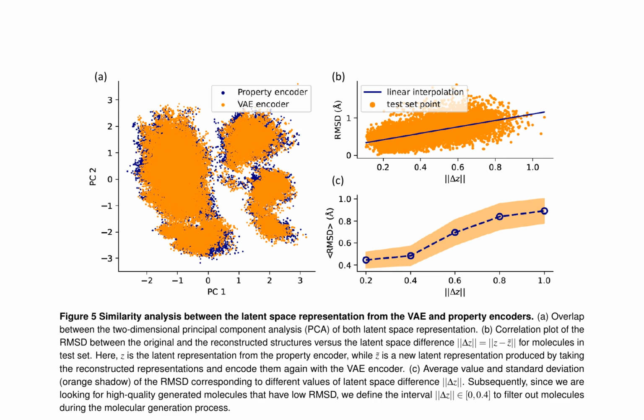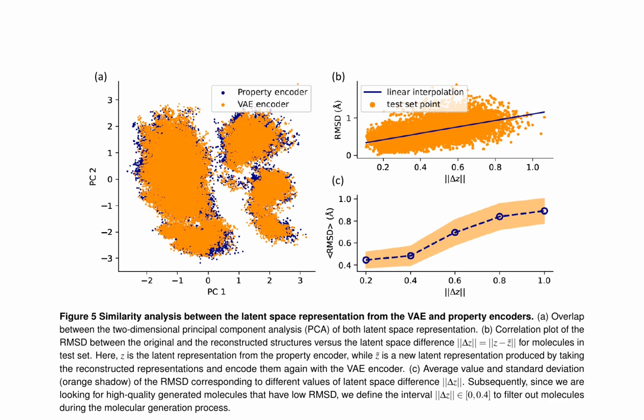The similarity analysis between the latent space representation from the Variational Auto-Encoder (VAE) and property encoders is presented in Figure 5. This analysis reveals an overlap between the two-dimensional principal component analysis (PCA) of both latent space representations, as shown in Figure 5a. The correlation plot of the root mean square deviation (RMSD) between the original and reconstructed structures versus the latent space difference, Δz, is presented in Figure 5b.